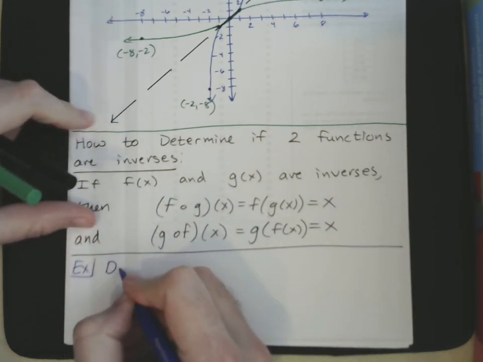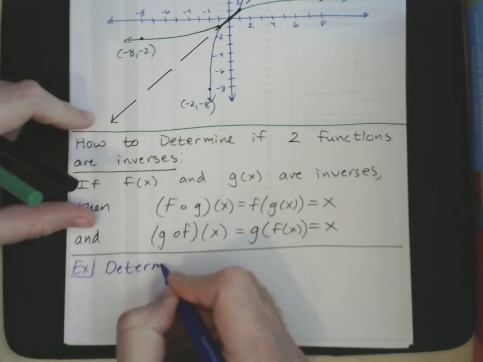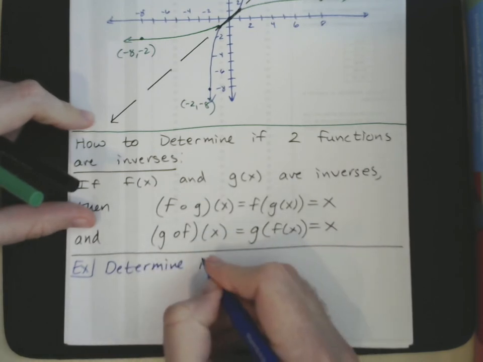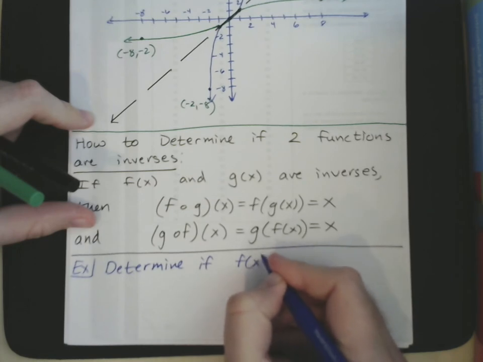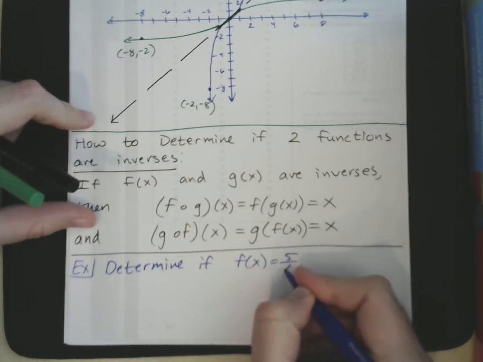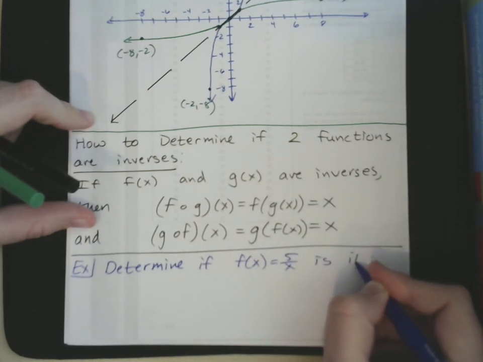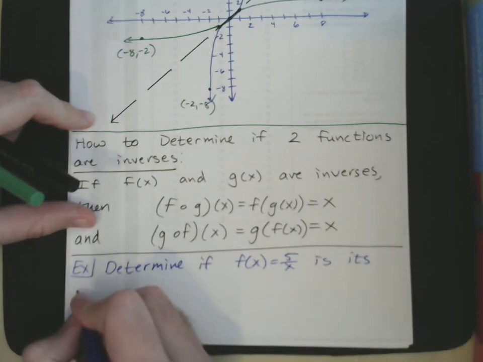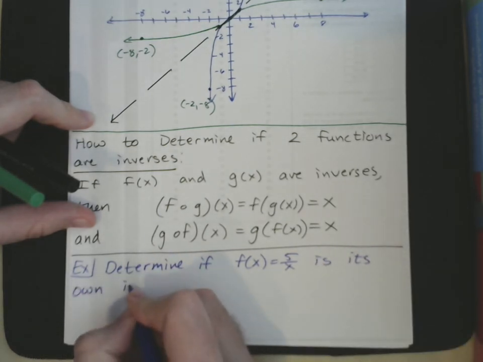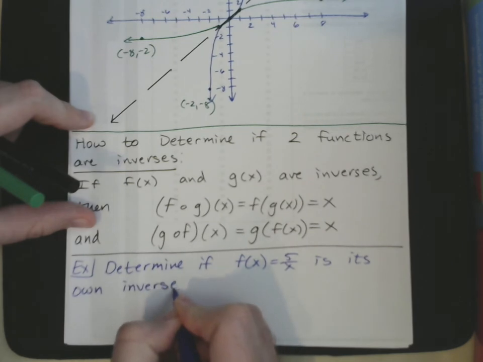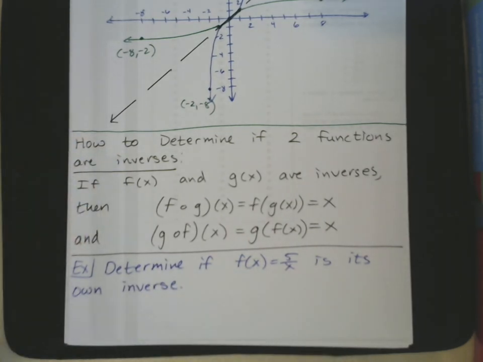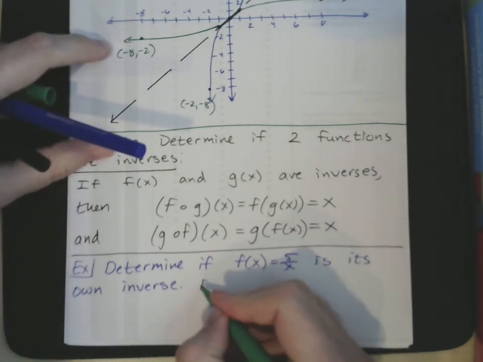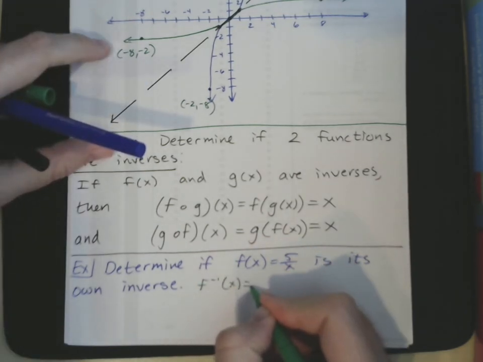So determine if f of x equals 5 over x is its own inverse. So what this means is that f inverse of x equals f of x.